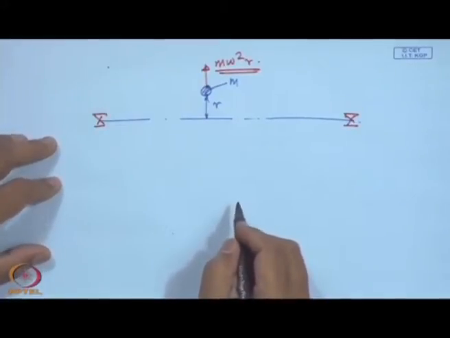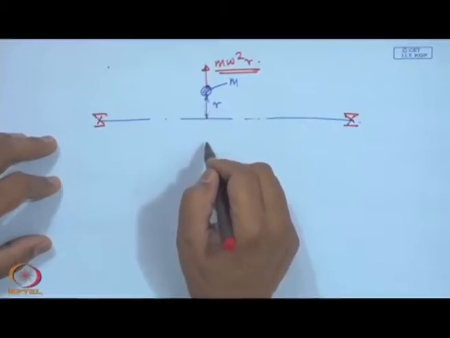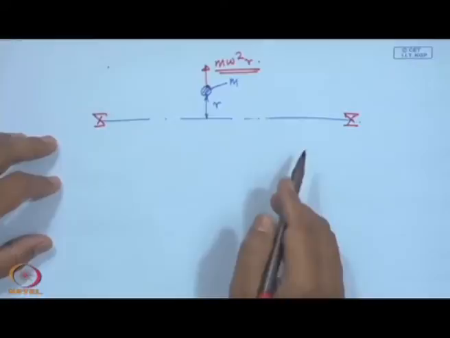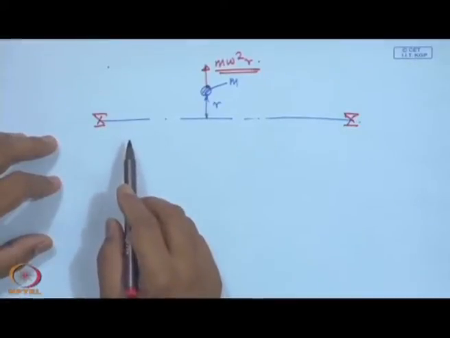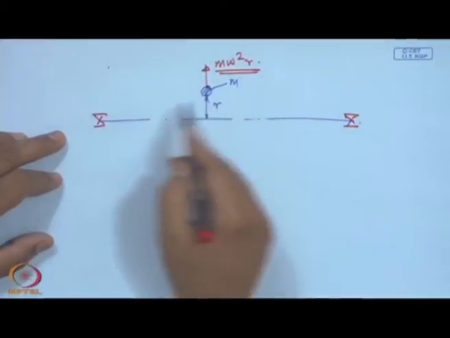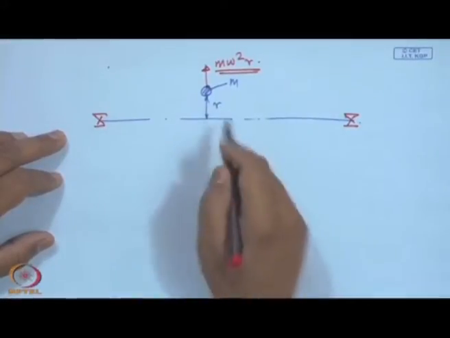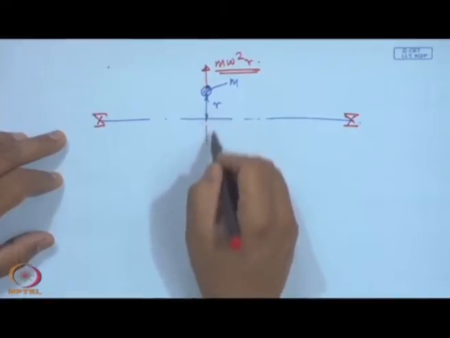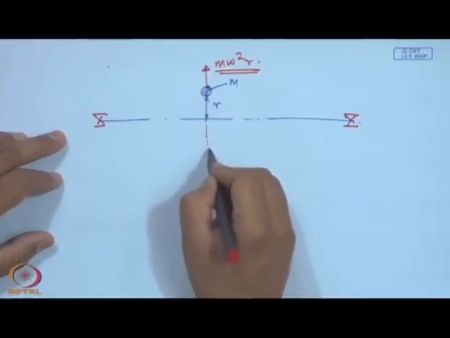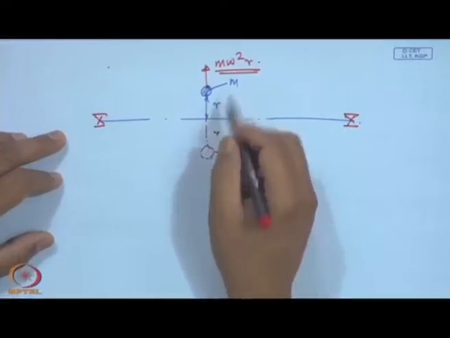So, we can do the balance correction and locate a location from the measured vibration data. When we talk about balancing in a few classes down the road, we will see how we can balance such unbalanced forces either in a single plane or in multiple planes and give correcting unbalanced masses, so that the net effect is reduced. For example, if I have an unbalanced mass at a distance r in this direction, I can give another unbalanced mass of the same quantity at distance r opposite.